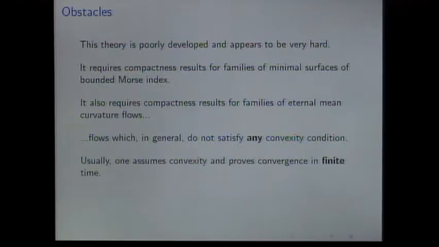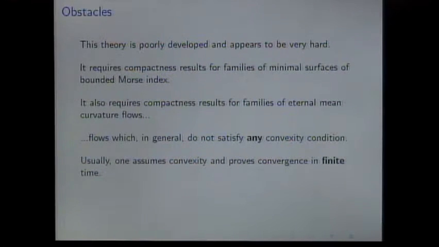Because if you remember the talks that were given earlier this week about mean curvature flow, usually when one studies mean curvature flow, one assumes some form of convexity. Usually one assumes at the very least mean convexity, and then one takes that in order to prove convergence in finite time. But what do we have in our case?